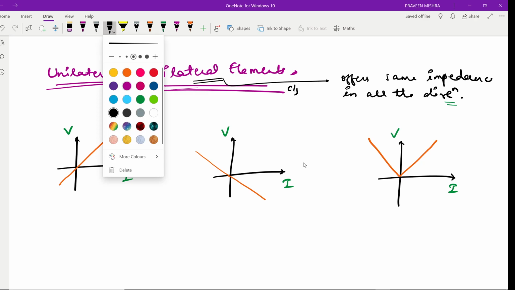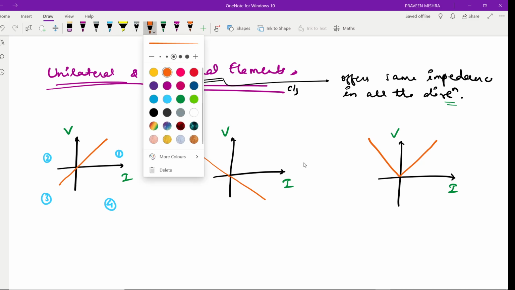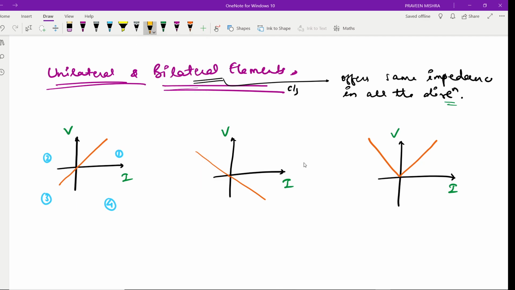So here, how many quadrants are there? Quadrant 1, 2, 3, 4. If we want to know the characteristic, here current I is positive and voltage is also positive, so impedance will be positive.